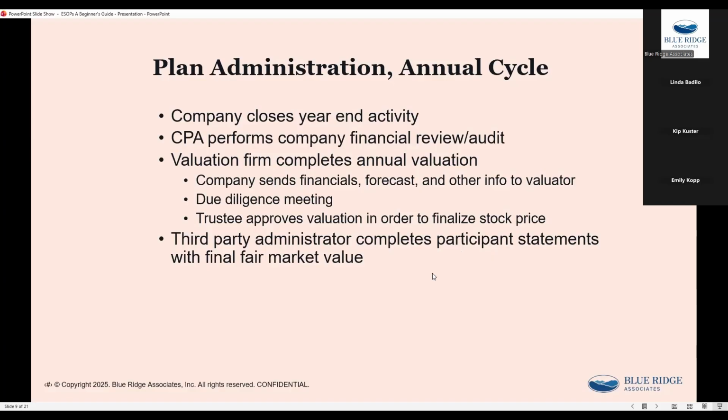One thing to note is that for the first administration year, it's important to budget some extra time into your timeline, just to allow the entire team, whether it's your internal ESOP team, your accountant, auditor, valuation firm, and TPA, to become familiar with the ESOP transaction itself, as well as the plan design and rules.